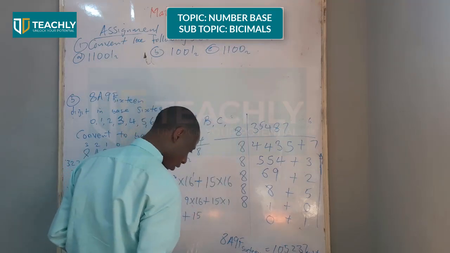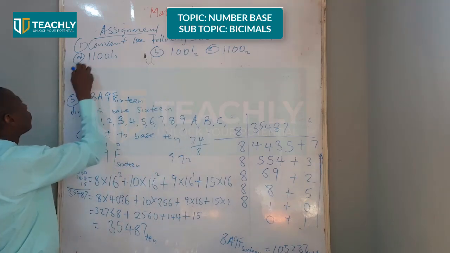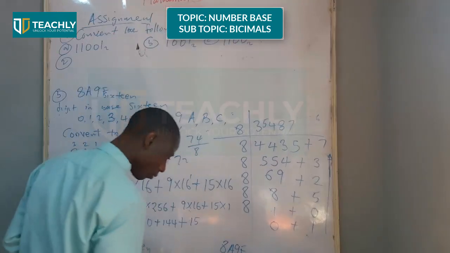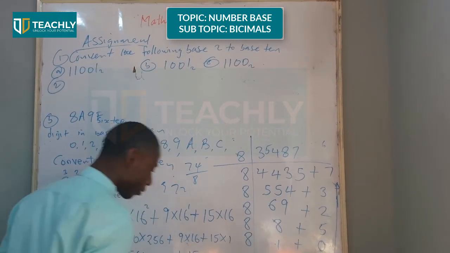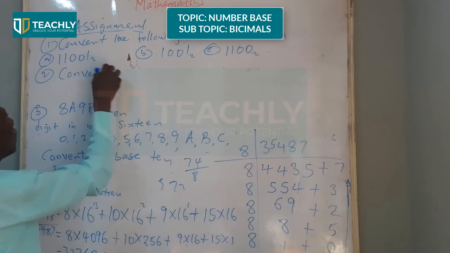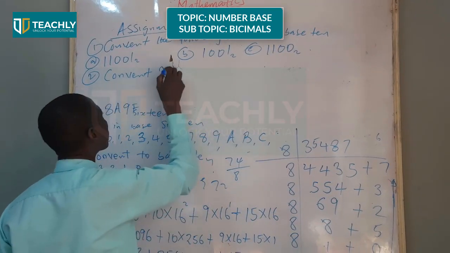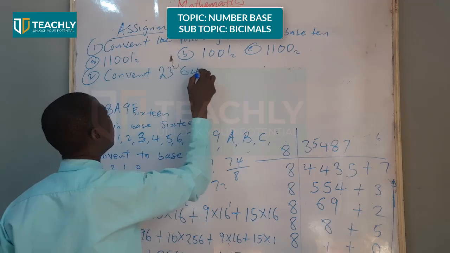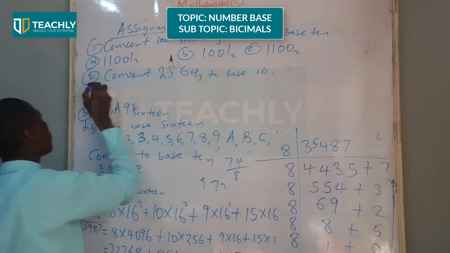Okay, let's look at the other one here. Convert 2364 base 7 to base 10. Number 3.